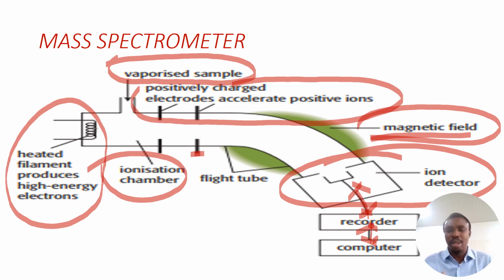So this is just a typical diagrammatic representation of the mass spectrometer and how it operates. We are going to look at the mass spectrum of different elements and different compounds as we proceed.